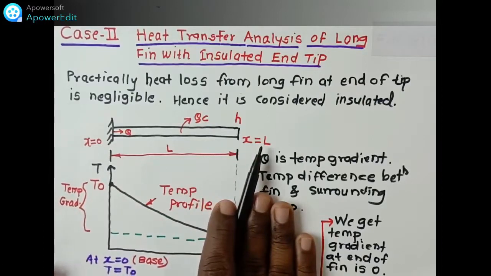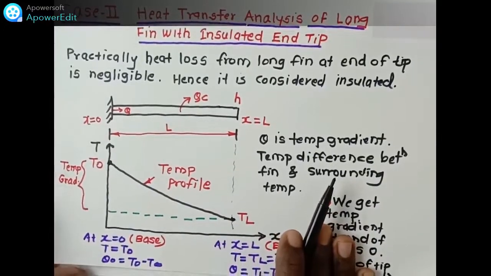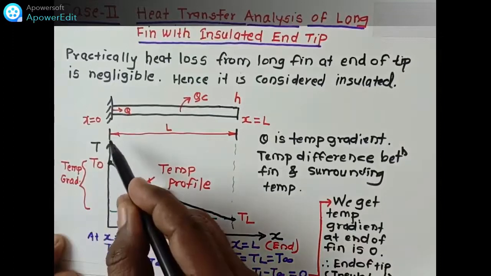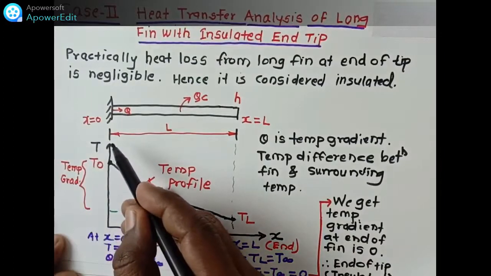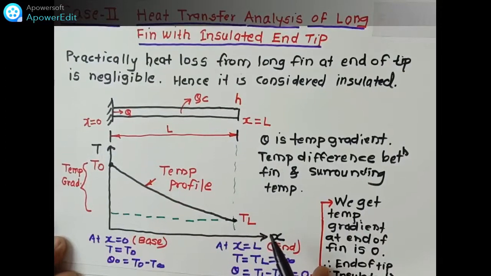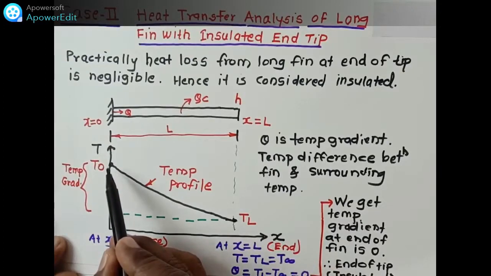Now in this case we will have a temperature distribution. So here this vertical axis is used to show the temperature. The horizontal axis is used to show the distance along the fin. Now at the base temperature is higher because of the heat source.